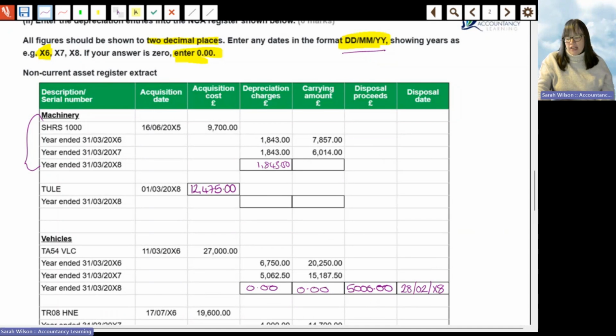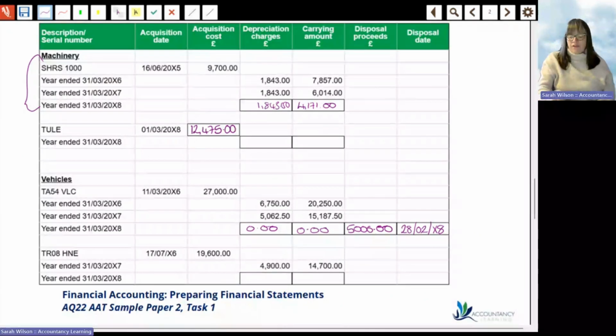We then work out the carrying amount by taking what it was originally less that extra year of depreciation, 4,171. Now for our new machine, we've got to take into account this 5% residual value.